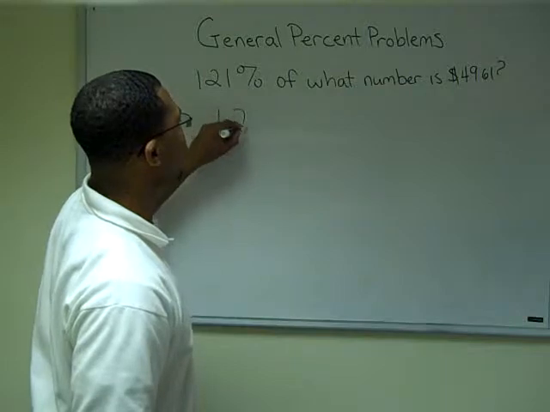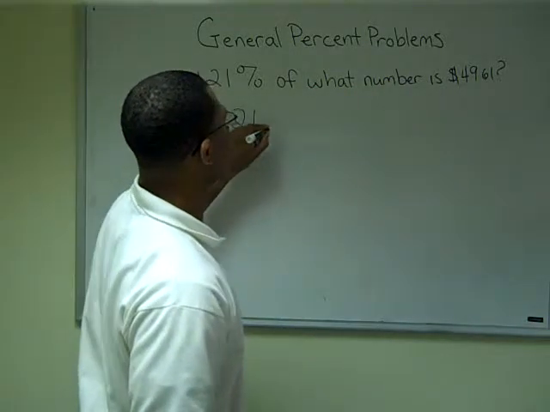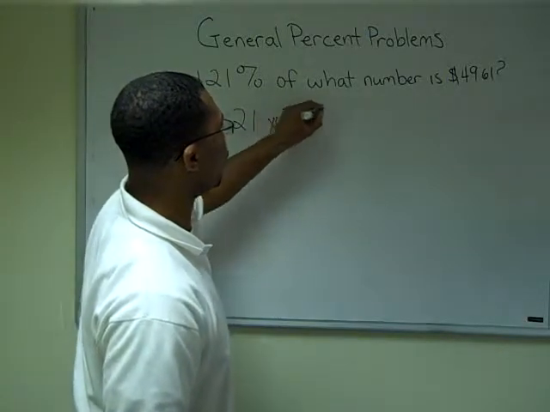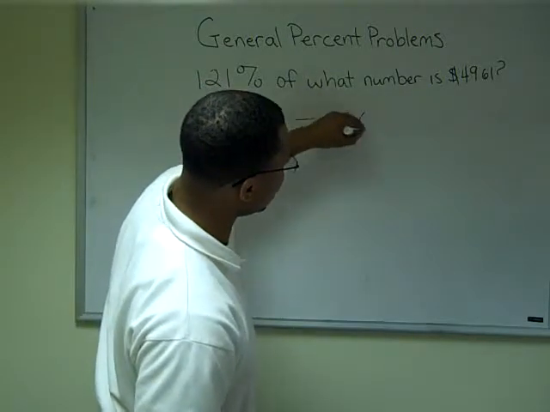Again, we can solve this as we've been solving throughout the course of this lesson. So we'll say 121% or 1.21 times some number x is equal to 49.61.